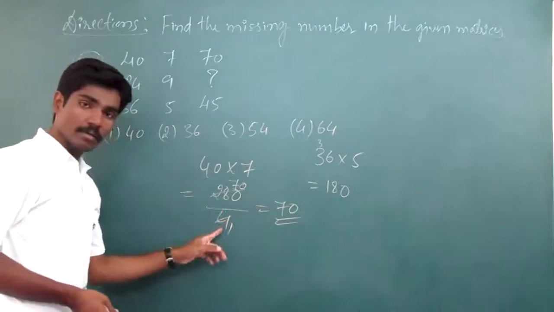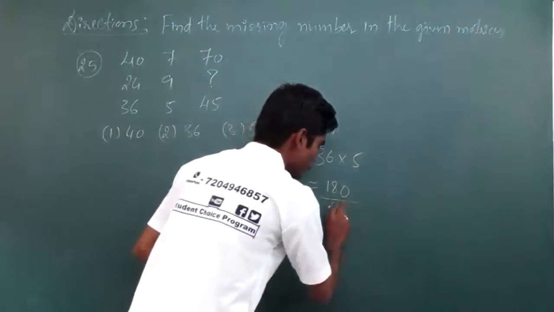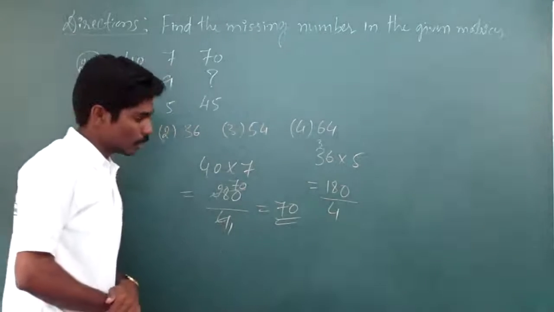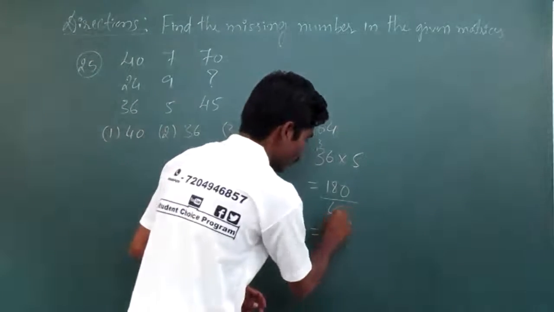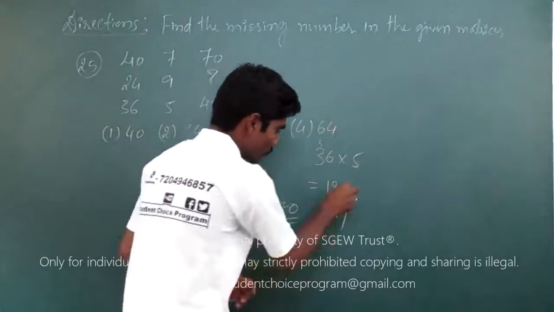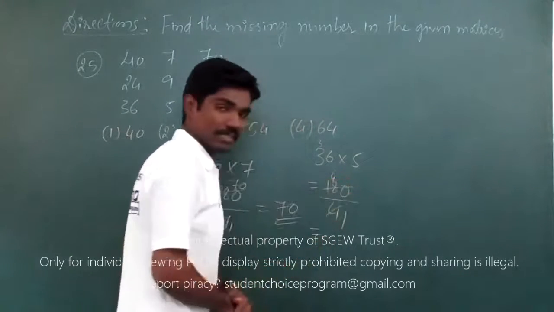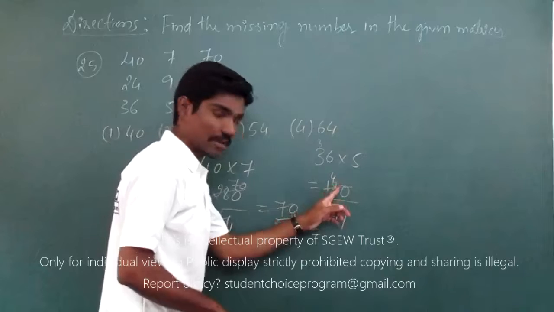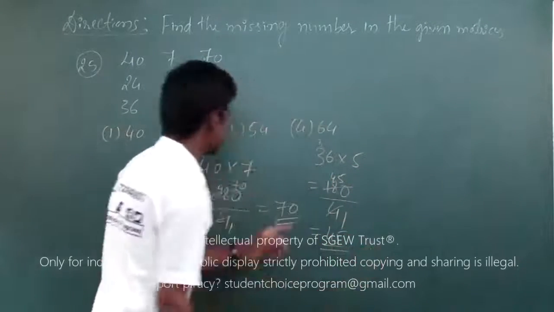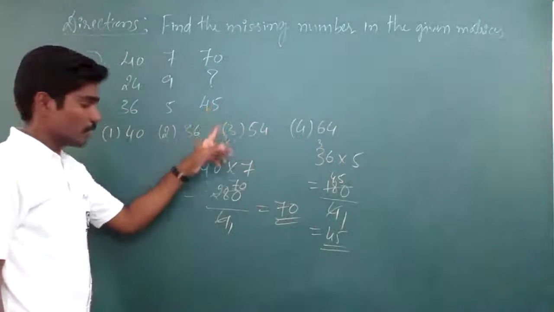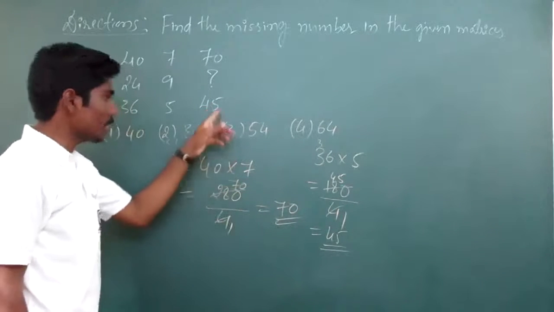After that I divide it by 4. What do I get if I divide it by 4? 4 fours are 16, 2 is left, 4 fives are 20. That means I am having 45. This logic is giving me the answer.